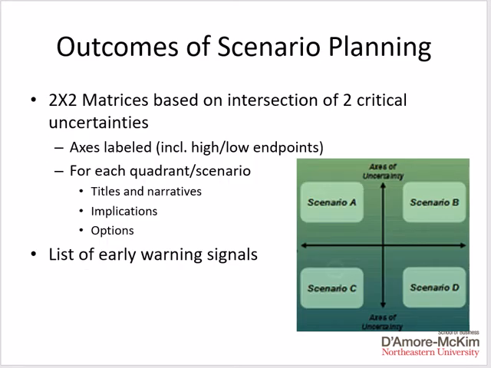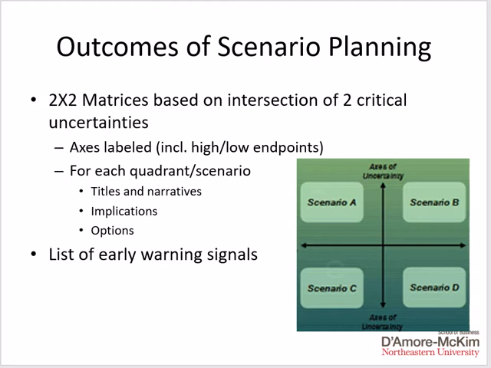An outcome of this process is this 2x2 matrix that really helps us, one, define the key uncertainties in a very specific way, but then two, define the scenarios. And so you can see here we have the two uncertainties represent the two axes, and we want to label what the high and low endpoints might look like.